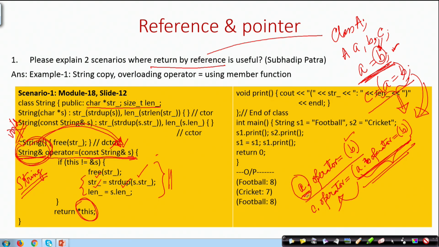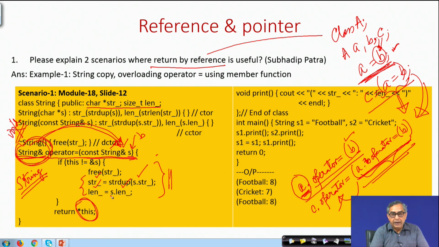So, the original call was made on A for operator assignment, B came in here as a parameter, and the fields were copied, the allocations and all that were taken care of, and then all these changes have happened in A. So, what you are returning? This is a pointer to A, because on that the call has happened. So, what is star this? A itself.